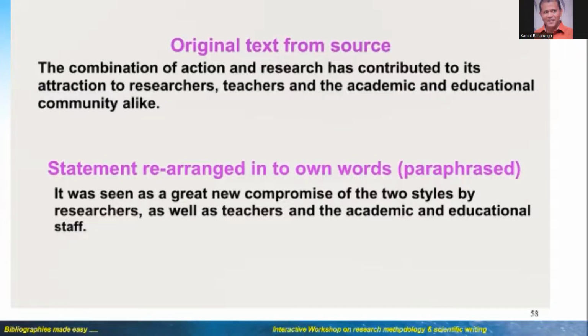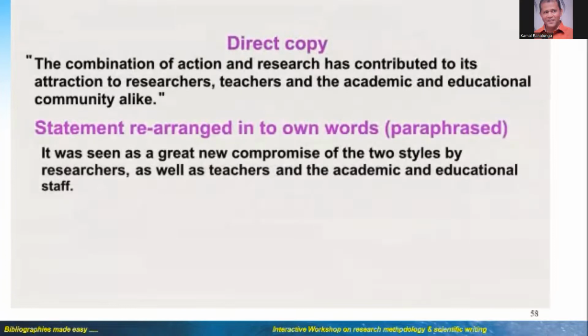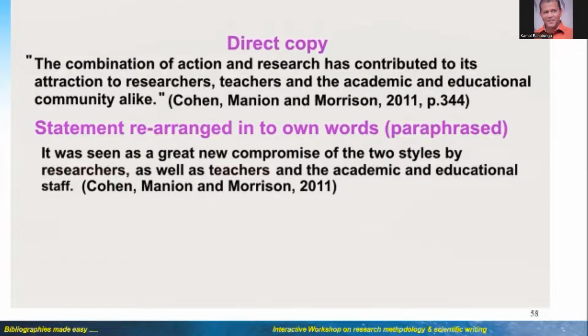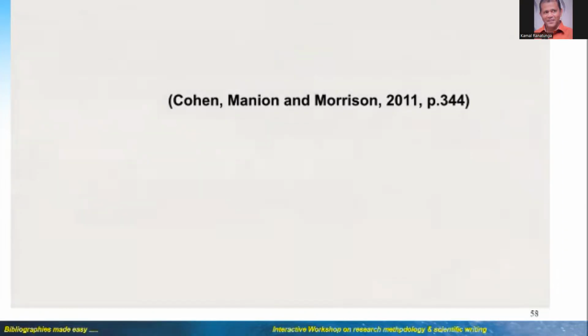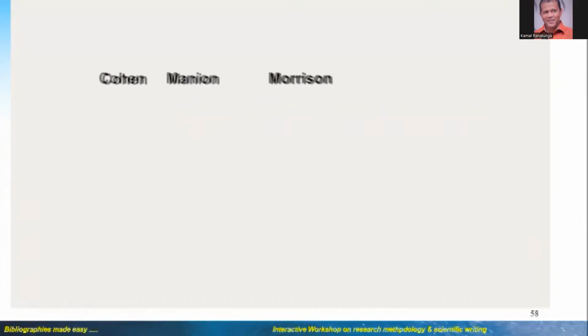For both direct quotes and putting somebody else's work into your own words, you need to then indicate the source of the information, in brackets, at the end. These details are there to lead the reader to the full information at the back of the document.